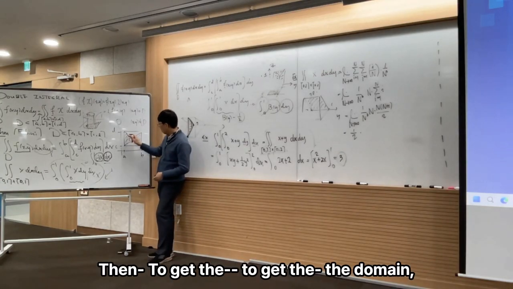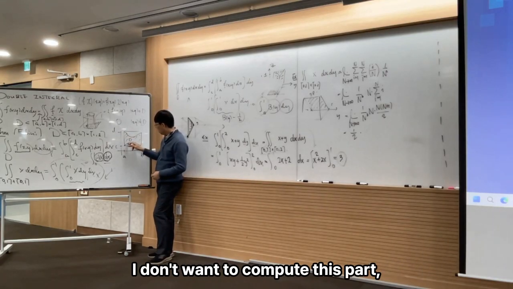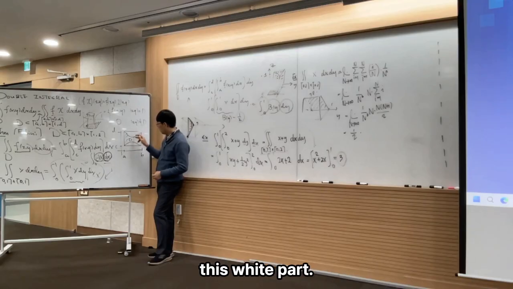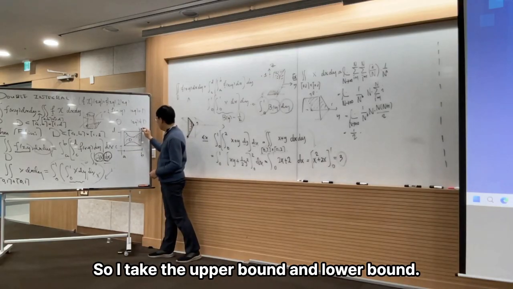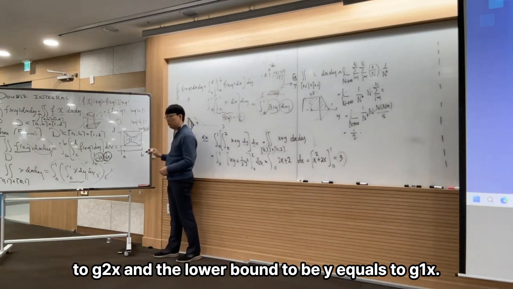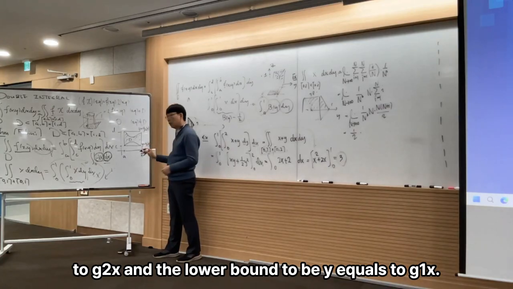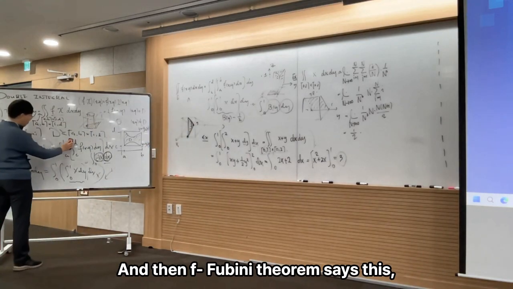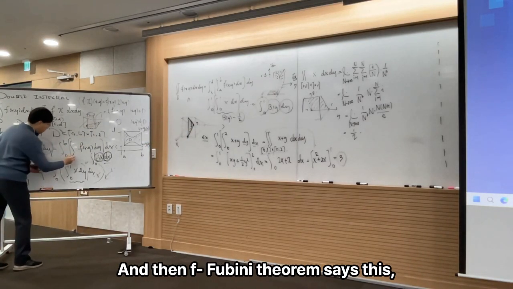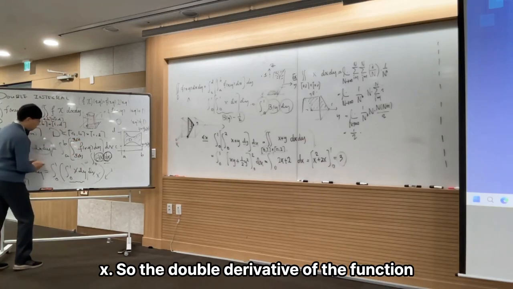To get the double integral only on this part, I don't want to compute this white part. So I take the upper bound and lower bound. Let's call the upper bound the graph of y equals g2(x), and the lower bound y equals g1(x). And then the Fubini theorem says this: g1(x), g2(x).